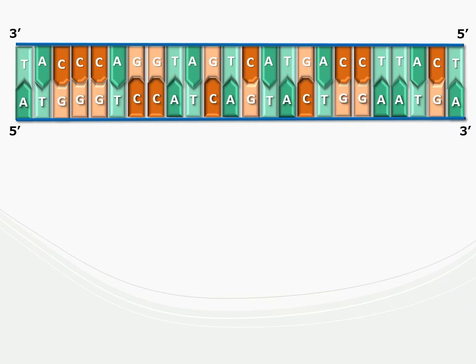The one that we're going to read is the template strand, and it's going to be read in the 3' to 5' direction, because just like DNA polymerase, RNA polymerase also synthesizes a strand that is anti-parallel to the template and does so in a 5' to 3' direction. We refer to the non-template strand as the coding strand because it has the same sequence as the RNA that will be produced, with the exception that T's in the DNA will be replaced with U's in the RNA.